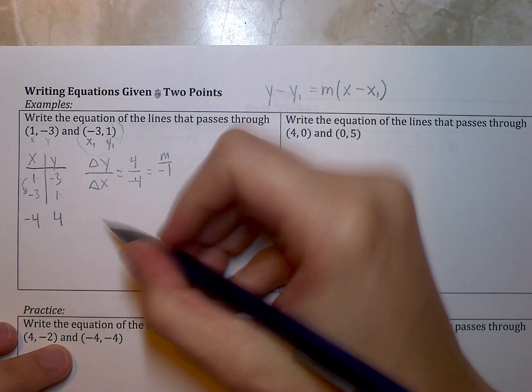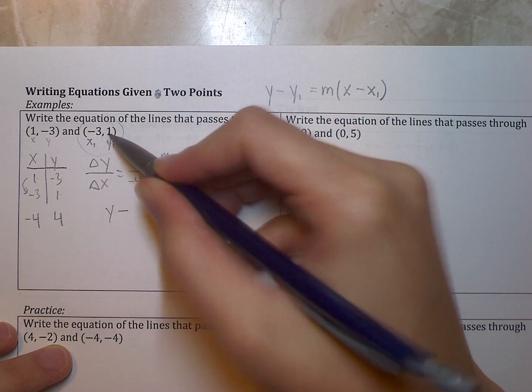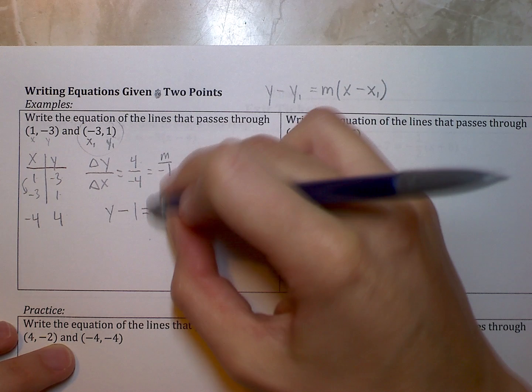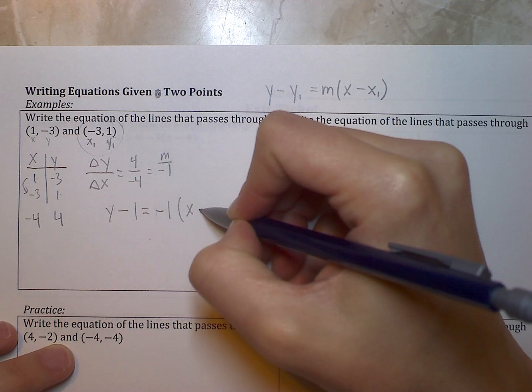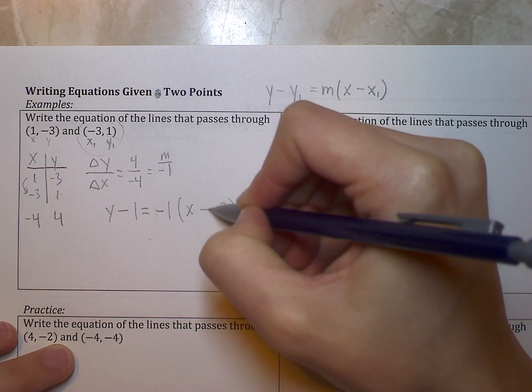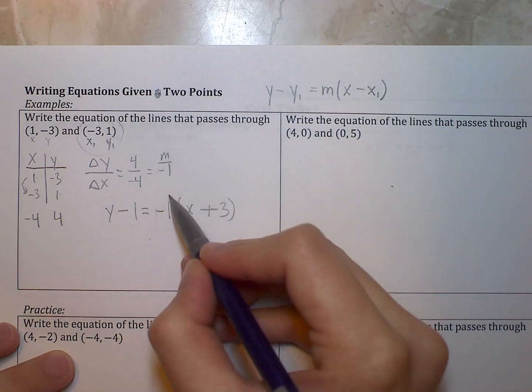So I'm going to plug in: y minus y1 equals m, which is -1, times x minus x1, it's minus -3. So I notice that double negative becomes a plus. And now I'm ready to distribute.